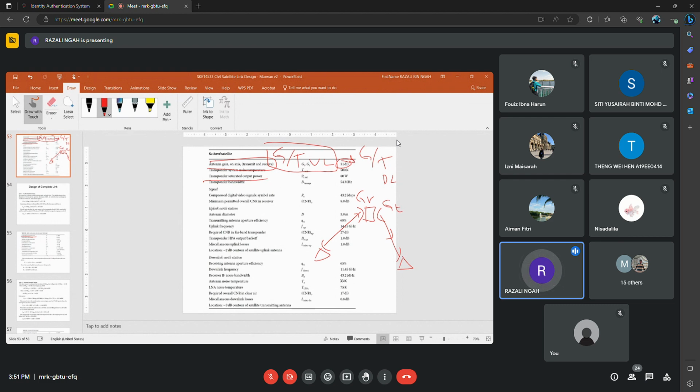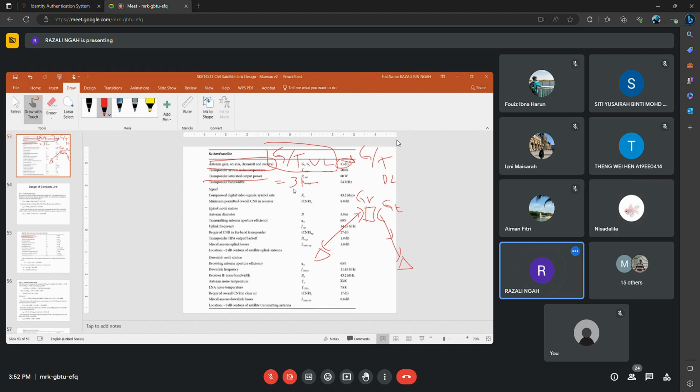So for uplink G over T, it's 31 minus what is TS for uplink? 26.99.